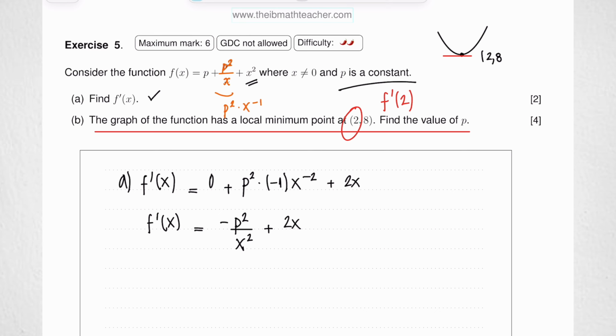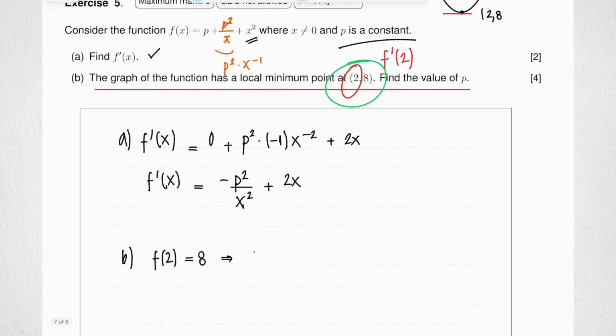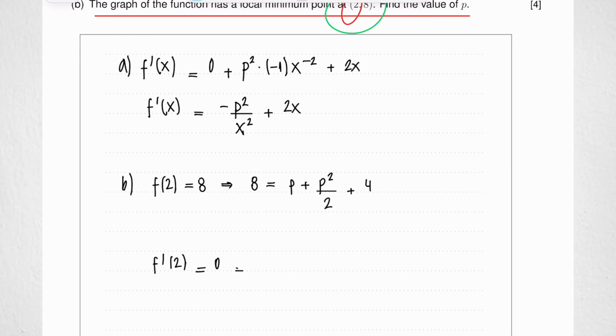But also take into account the fact that (2, 8) is a point that belongs to the function, which means that f of 2, not f prime of 2, but f of 2 is equal to 8. Therefore, using this second equation, we have 8 equals p plus p squared over 2 plus 4, substituting 2 for x and 8 for f of x. And also, f prime of 2 is equal to 0. Therefore, using this, we have 0 equals negative p squared over 4 plus 4.